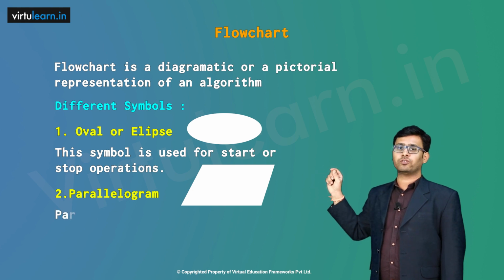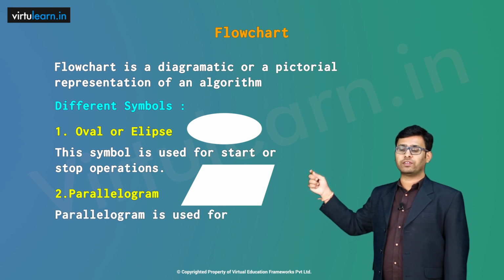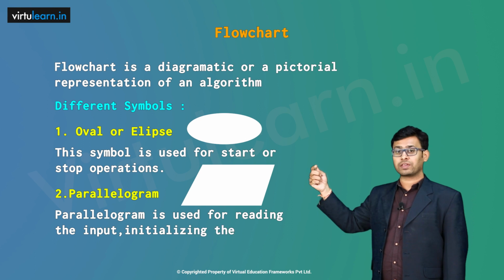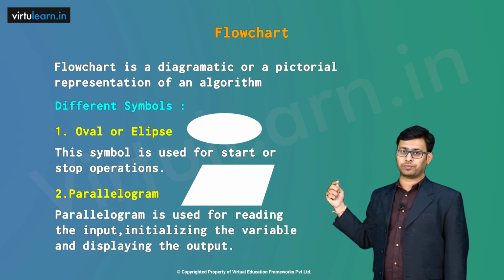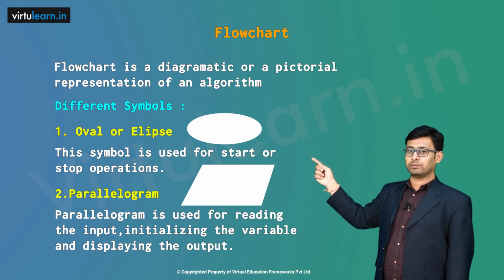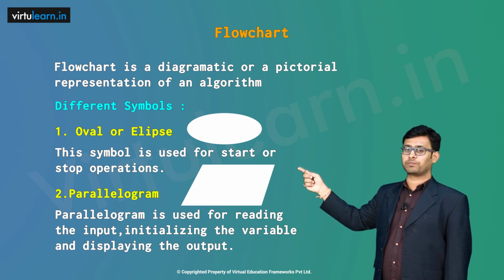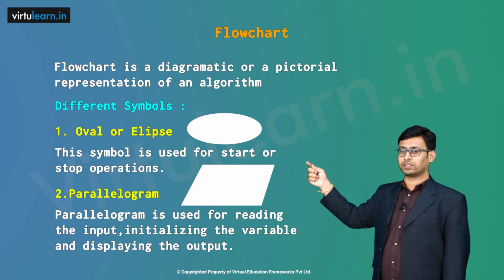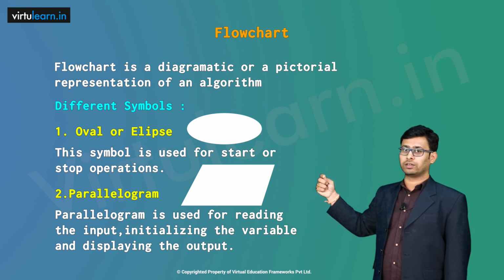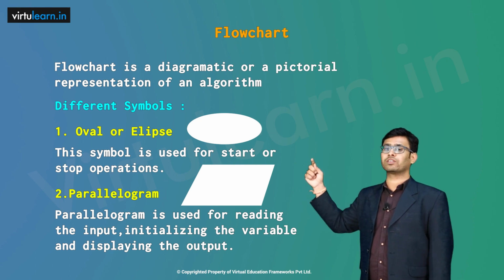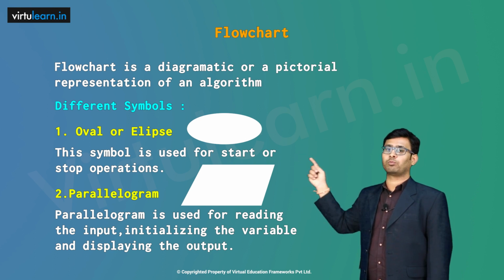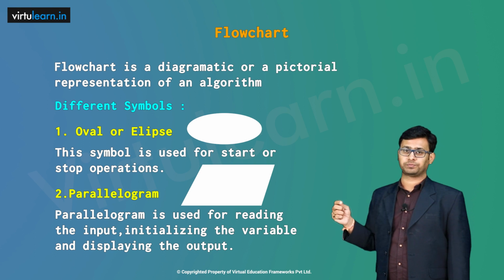The parallelogram is used for reading the input, initializing the variables and displaying the output. In a parallelogram, we can initialize the variables, read whatever values we want as input, and specify what we want to display as output.